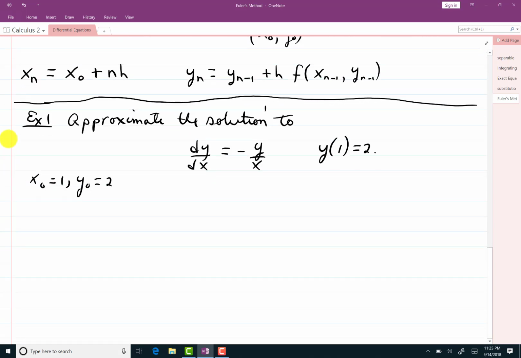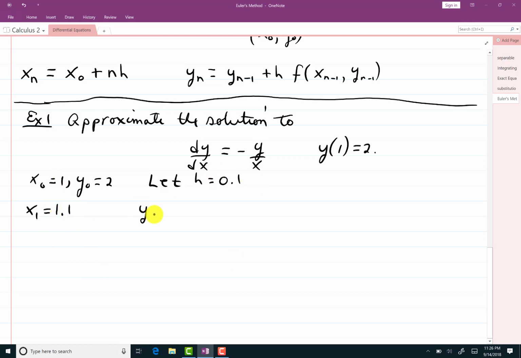So let's calculate our y1. Note that x1 equals, now I have to give an increment amount, so I am going to let h equals 0.1. You could let h be smaller if you want to get a more accurate solution. You can play around with the h values. So anyways, x1 then will be 1 plus the 0.1, so it'll be 1.1.